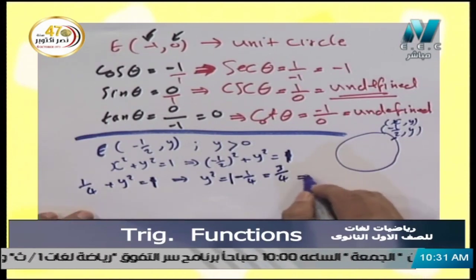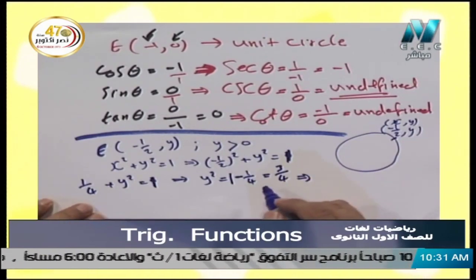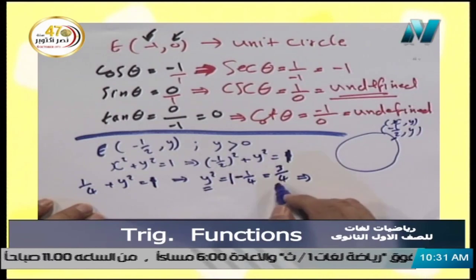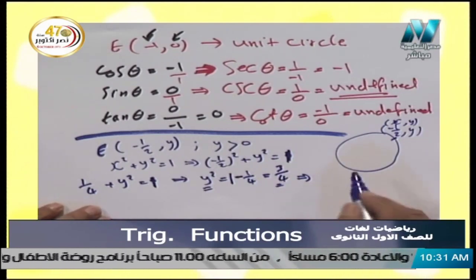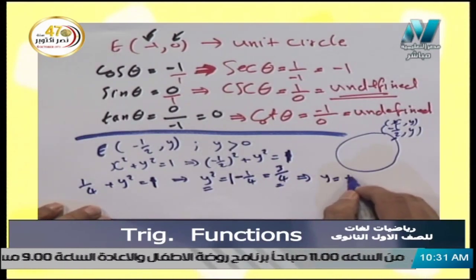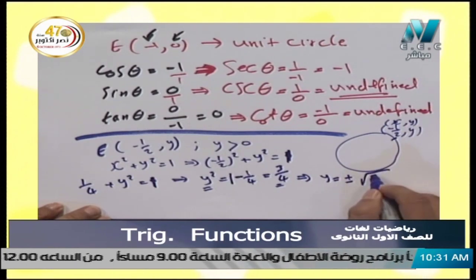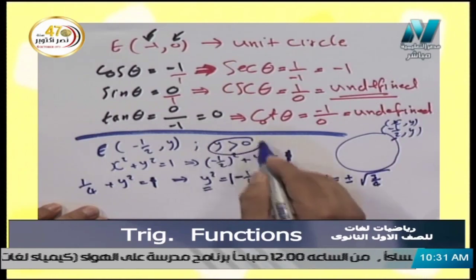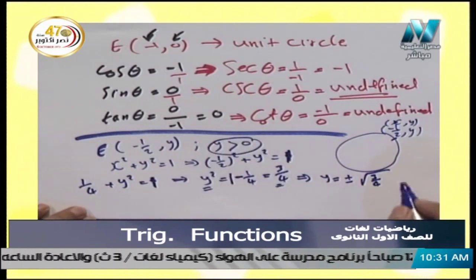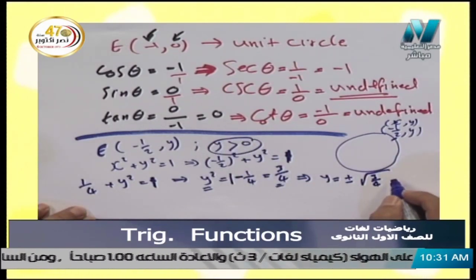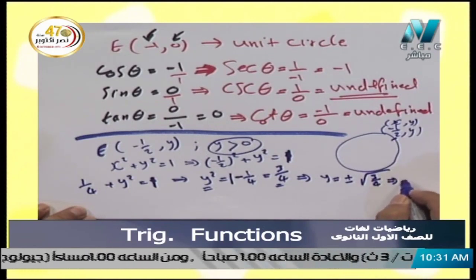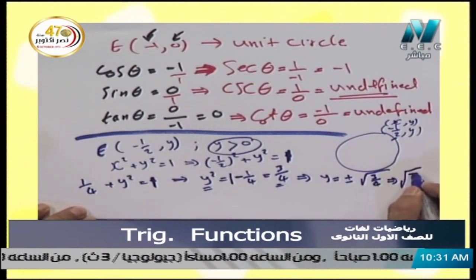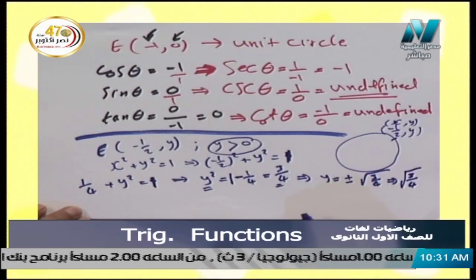And if we take the square root of the two sides, y equals positive or negative square root of 3 over 4, and we have a condition that y is greater than 0, so y here will be the positive value.